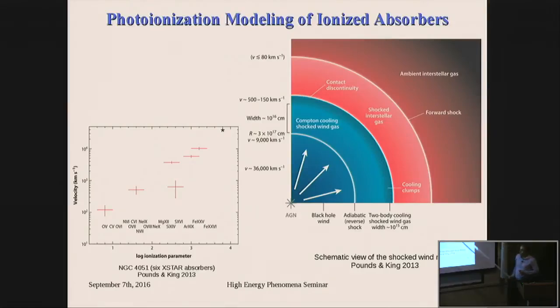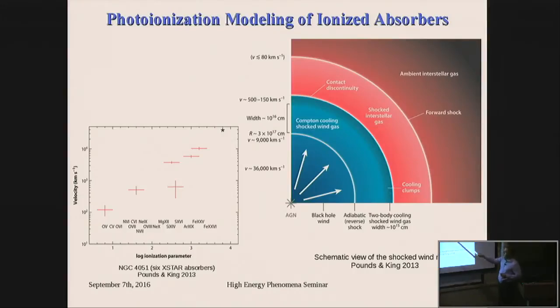And this linear correlation suggested this view of AGN. Here there is a shock from the accretion disk around the supermassive black hole, and in this region, which we mostly observe in the X-ray hard band, we see very high ionization where the speed reaches 0.1 of the speed of light.